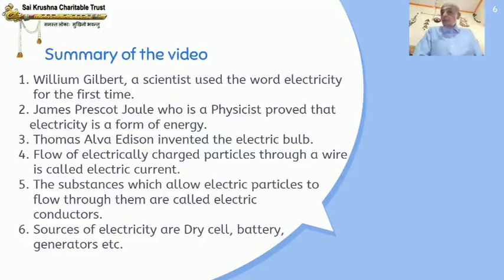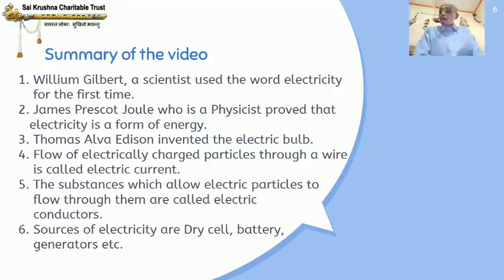Then, sixth point, sources of electricity are dry cell, battery, generators, etc. So, what are the sources of electricity? When I say this, it means the source is from where the electricity is produced.